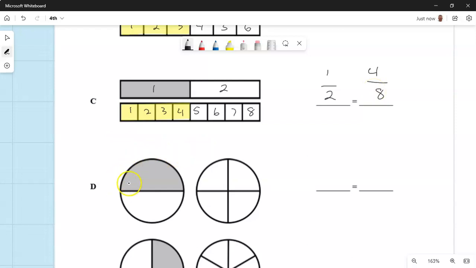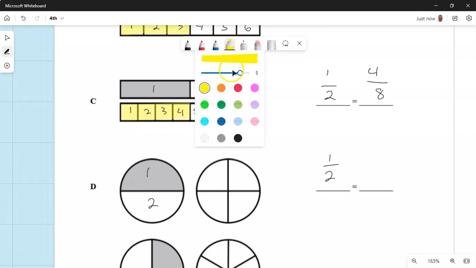Okay, we'll go ahead and look at D. On D, I've got one part shaded out of 2 parts. It's just the same thing as this, except this is a circle model. So that's 1/2 shaded. To shade in the same amount here, I have to make it a little bit smaller.